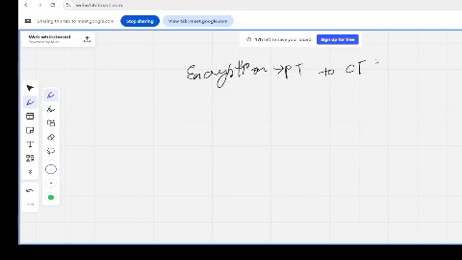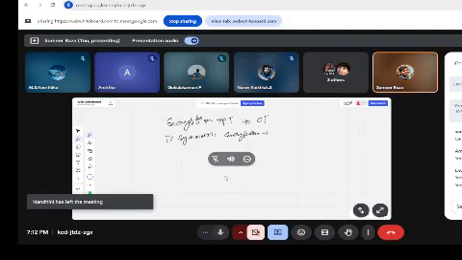And there are mainly two types of encryption. We all know that. The first one is symmetric encryption. So what is symmetric encryption? Lavanya, you tell.